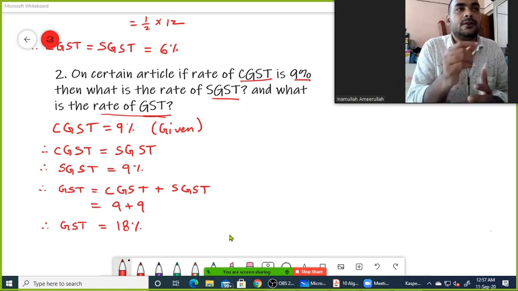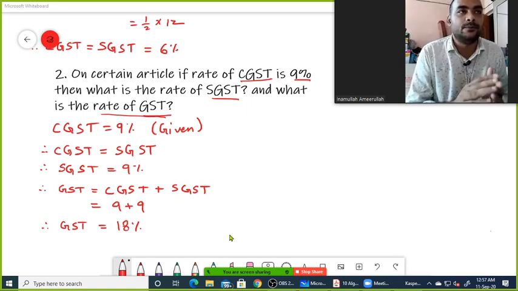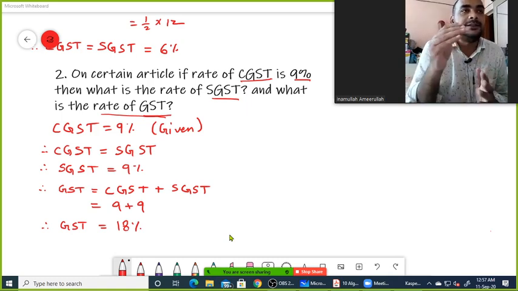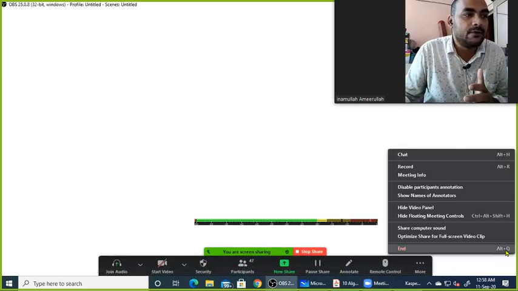In other words, you can say that CGST, SGST are actually half of GST amount, and GST is twice of SGST, GST is twice of CGST. Hope it is clear to everybody.